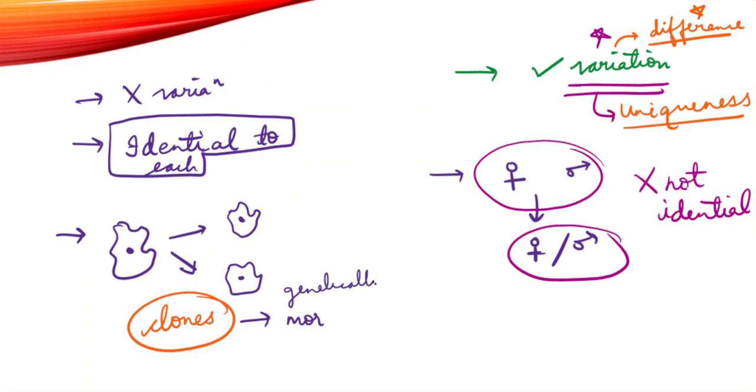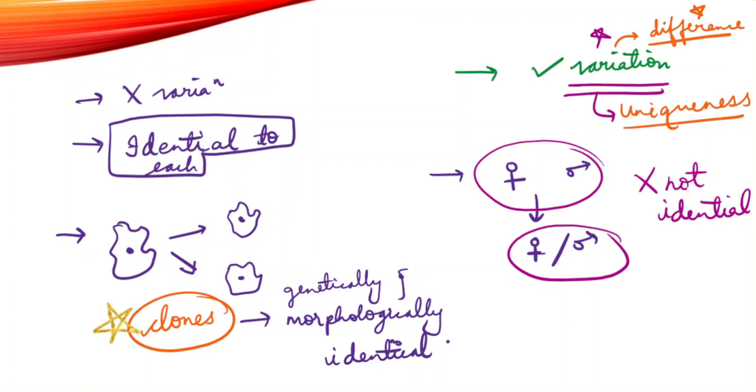Genetically and morphologically identical. Okay, which things are important here? You should know the word clones and its definition.